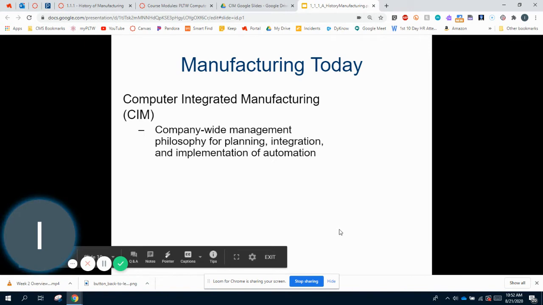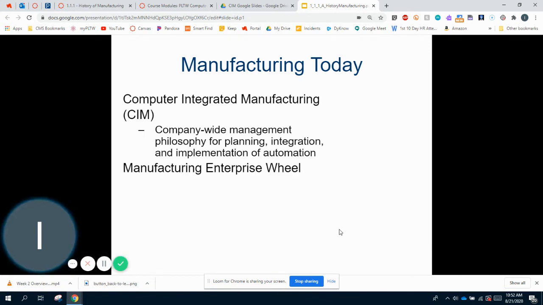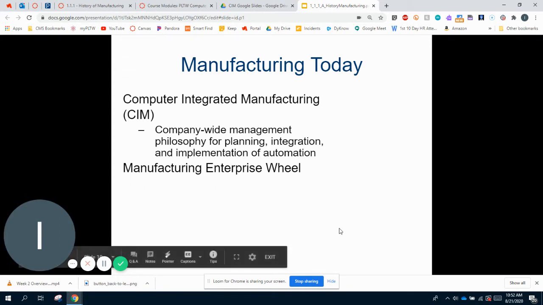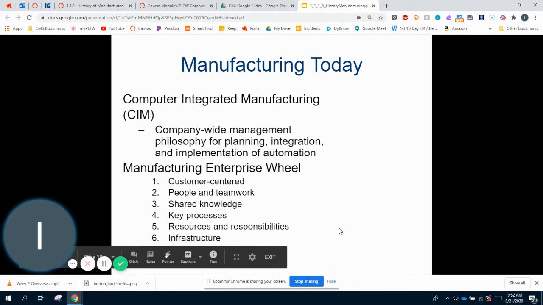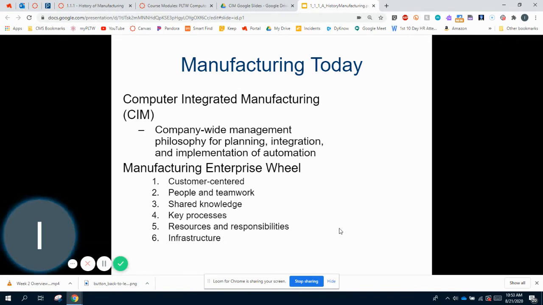We have computer integrated manufacturing, which is a company-wide management philosophy of planning, integration, and implementation of automation. You plan the process that you want the computer to complete for you, and you program your computers to complete your processes more efficiently.